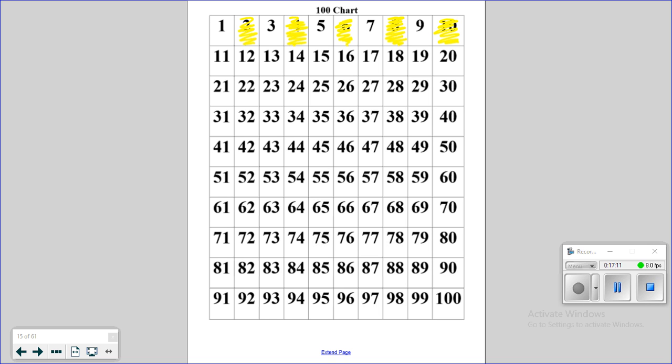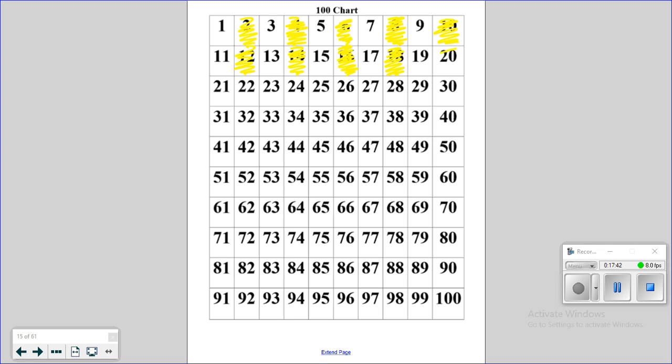Color in 12. 2 groups of 7. Sean? 14. Very good. 2 groups of 8. Shelby? 16. Very good. 2 groups of 9. Lincoln? 18. Very good.